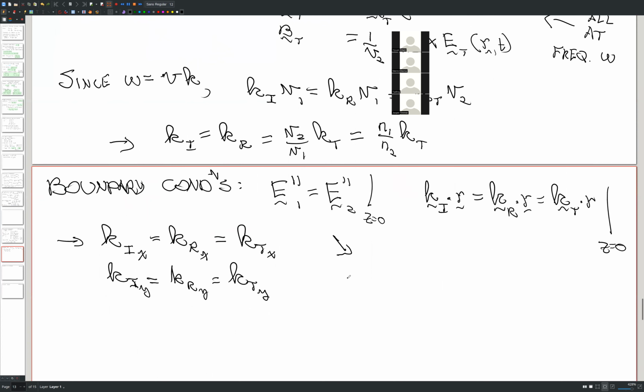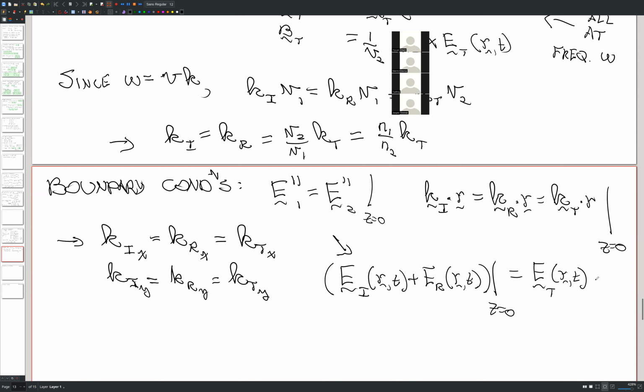What I get is that if I take the E incident of r, t, plus the E reflected of r, t, and I evaluate that at z equal to 0, that has to be equal to E transmitted of r, t, evaluated at z equal to 0.